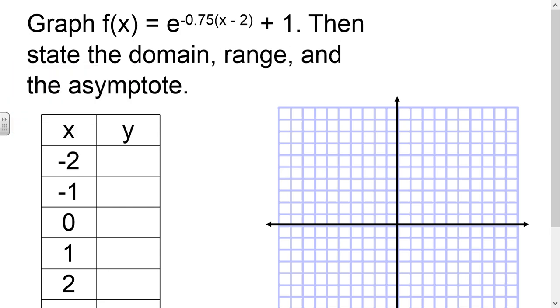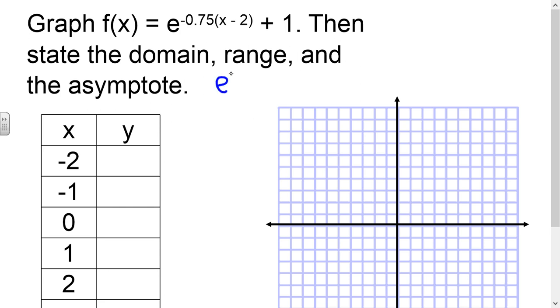All right, we're going to graph some functions of e. So we're going to graph f of x equals e to the negative 0.75 times (x minus 2) power plus 1. Then we're going to state the domain, range, and talk about the asymptote. When you're plugging these into your calculator, you need to be very careful how you plug them in.